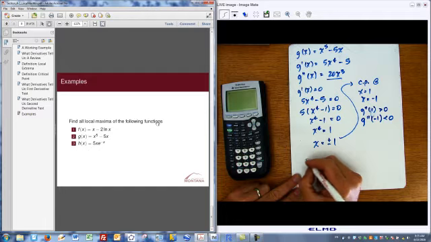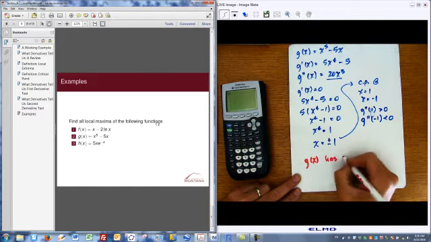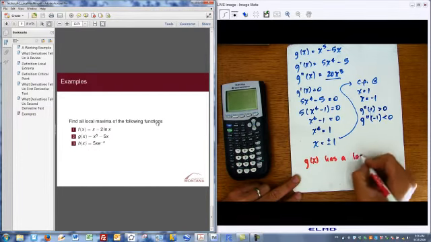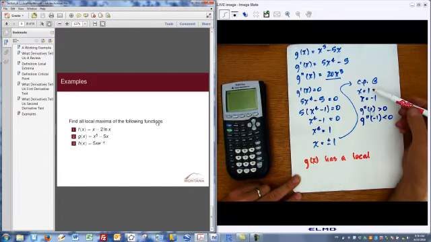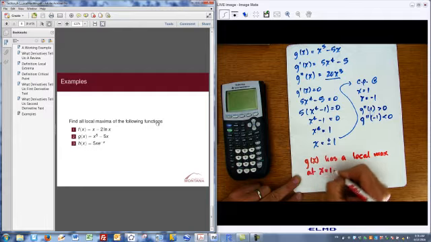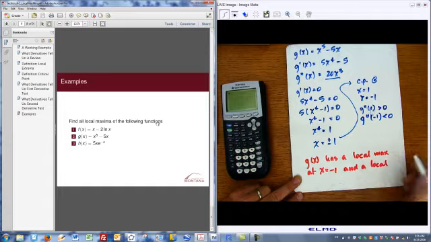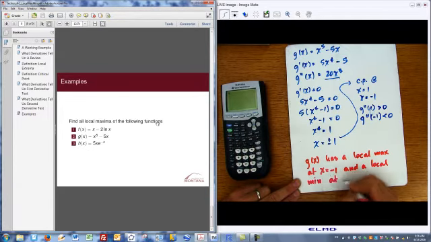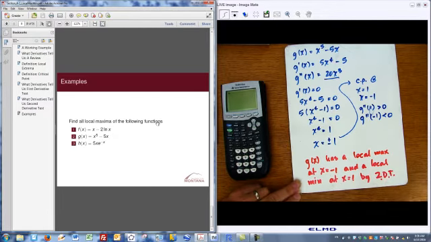Well, at x equal -1, we're less than 0, so we're concave down. So g of x has a local max at x equal -1 and a local min, the opposite, at x equal 1 by the second derivative test, so 2DT.